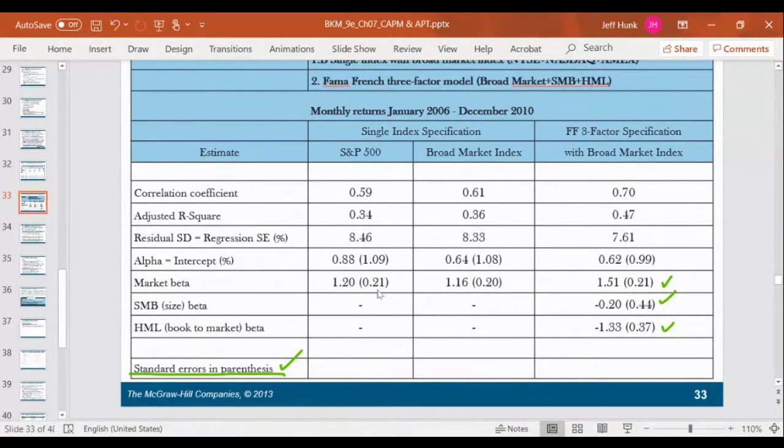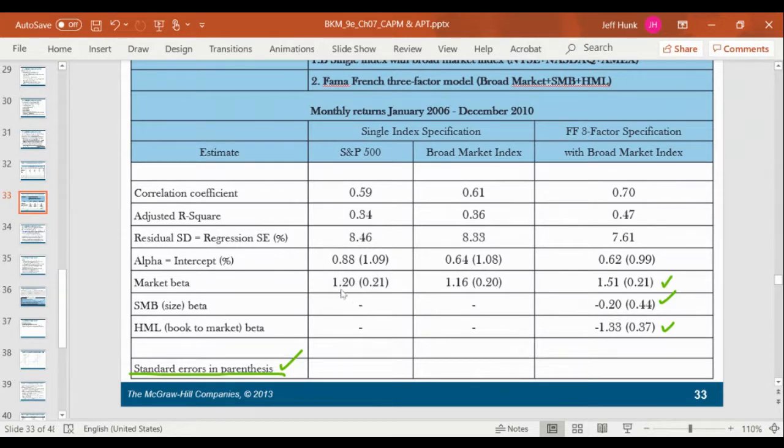Now, to show how it improved, as you can see, this is a CAPM using S&P 500 as the regressor or explanatory variable.